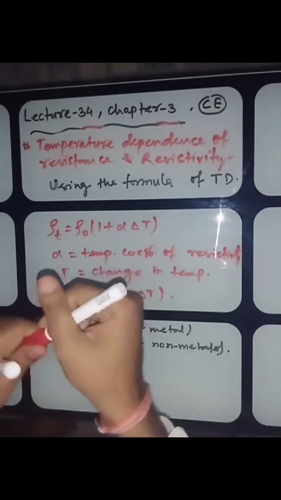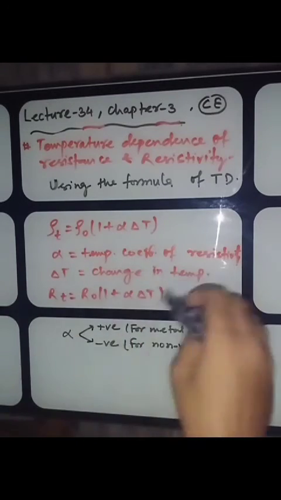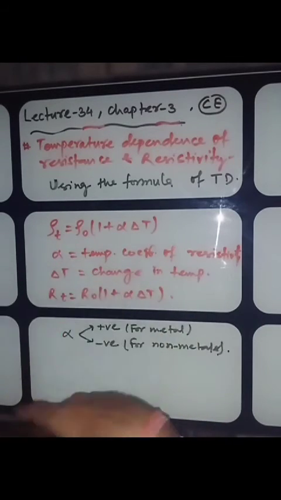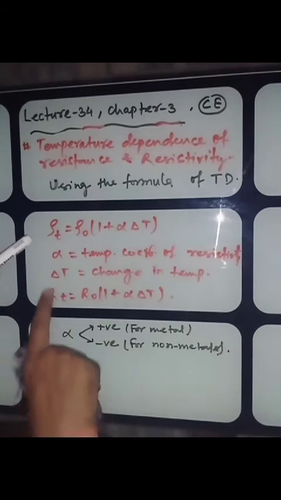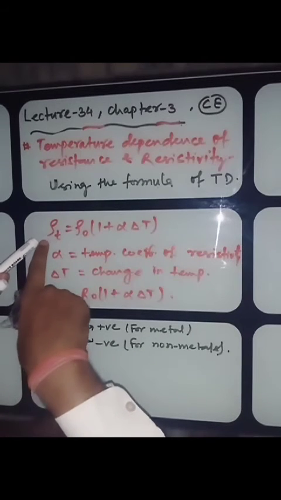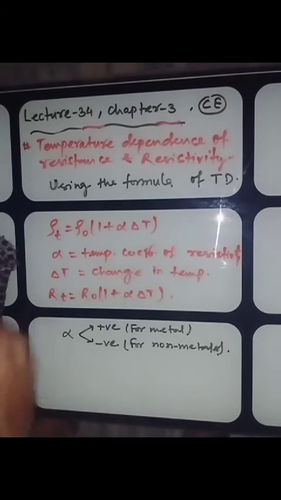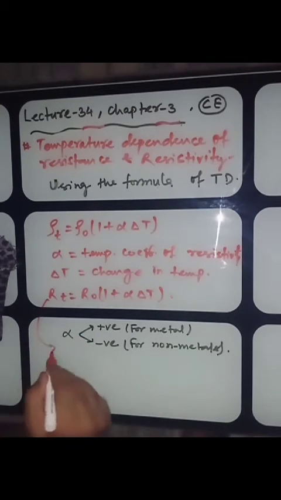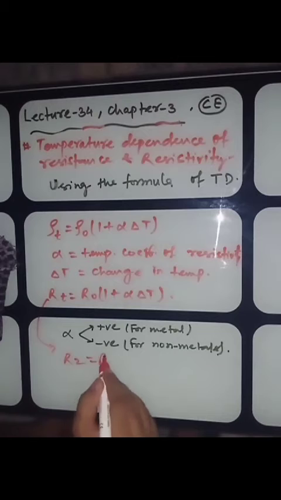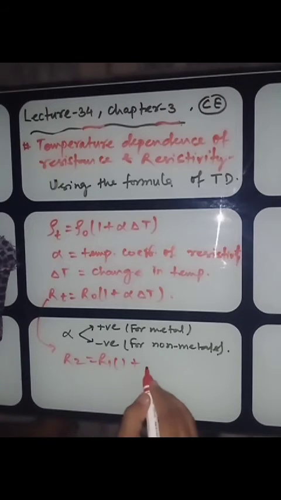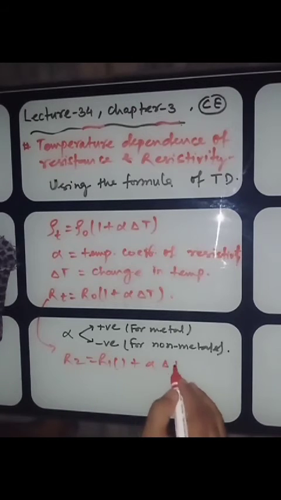So first, I can wrap this one, you can write down. This particular formula will be used to solve the questions, and this one also is very important. You can also write this one, my dear student, as R2 equals R1 (1 plus alpha delta T). And remember, what is the delta T?